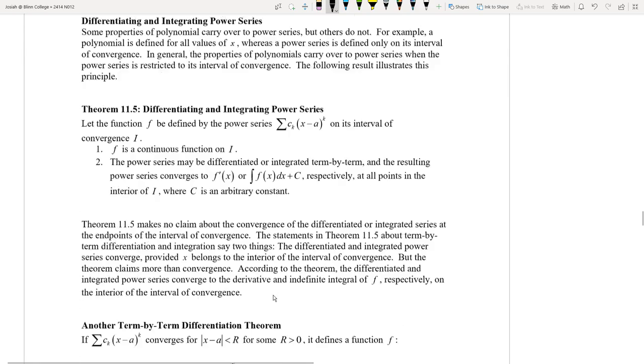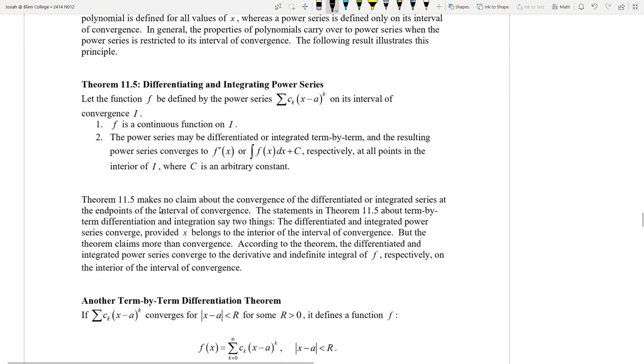Here's the problem: the endpoints might get lost. Theorem 11.5 makes no claim about the convergence of the differentiated or integrated series at the endpoints of the interval. The statements about term-by-term differentiation say two things. We have convergence on the interior of the interval of convergence, interior meaning no endpoints.